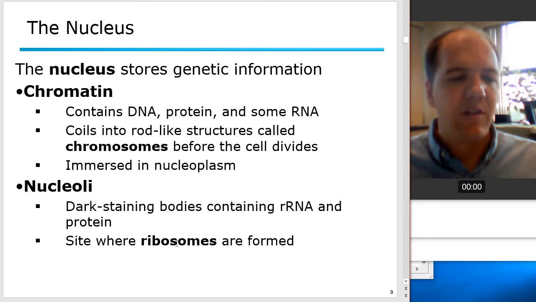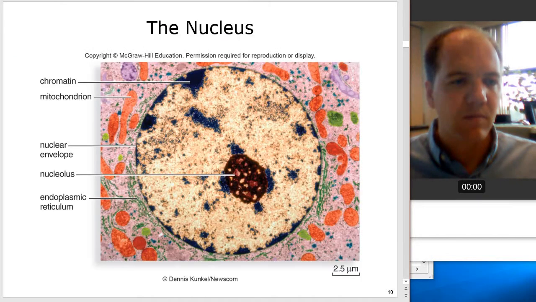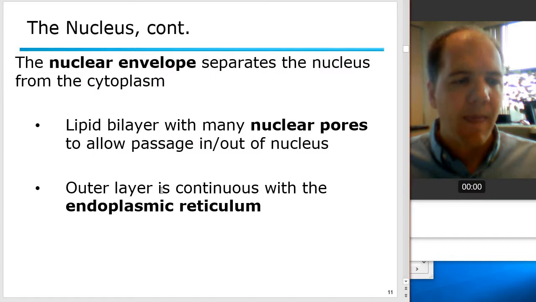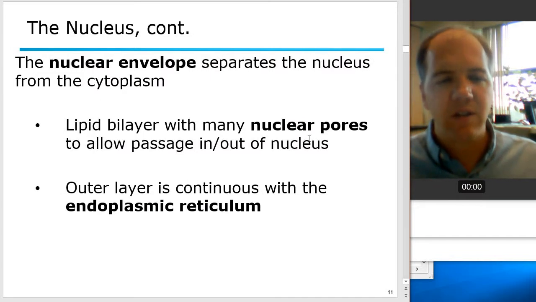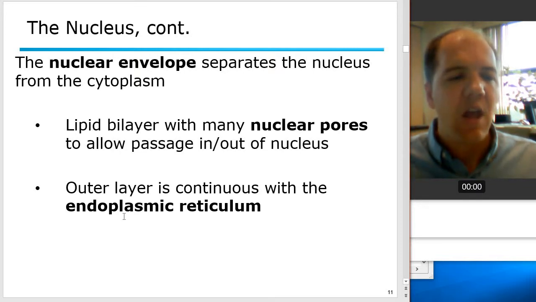These are where the ribosomes are formed. Okay, here we can see the nucleus in here. We already saw a picture of this, so we're going to move through here. The nuclear envelope we saw, so that's the outside of the nucleus, and it has openings in it called nuclear pores that allow things to move inside and out. And the nucleus is continuous with the endoplasmic reticulum.